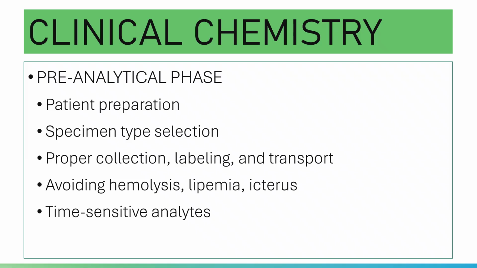Specimen type selection. Of course, you will base this on the type of test that you will run. Does the test require whole blood, like for hemoglobin A1C, or does the test require serum or plasma or whatever? Proper collection is also part of this phase. Aside from that, labeling and transport are part of it.